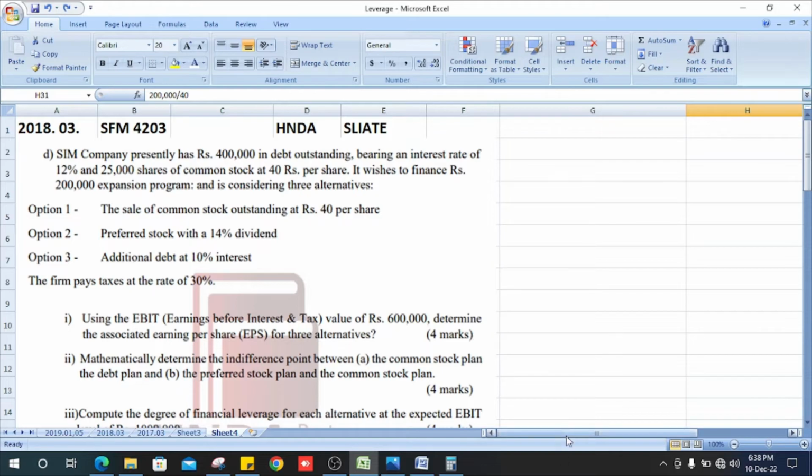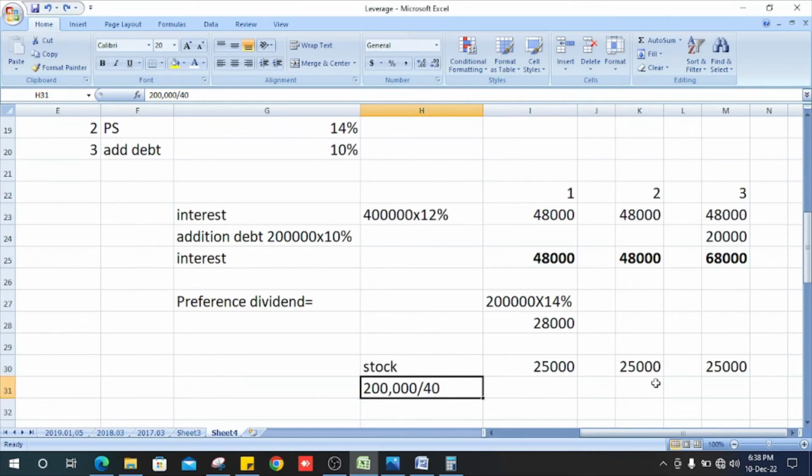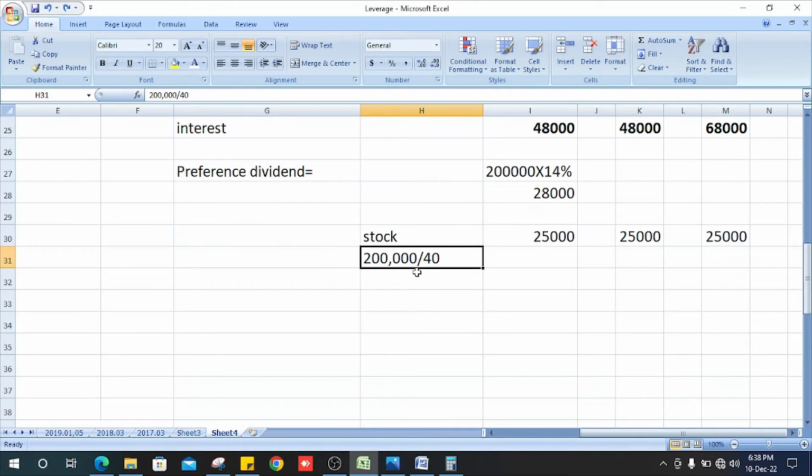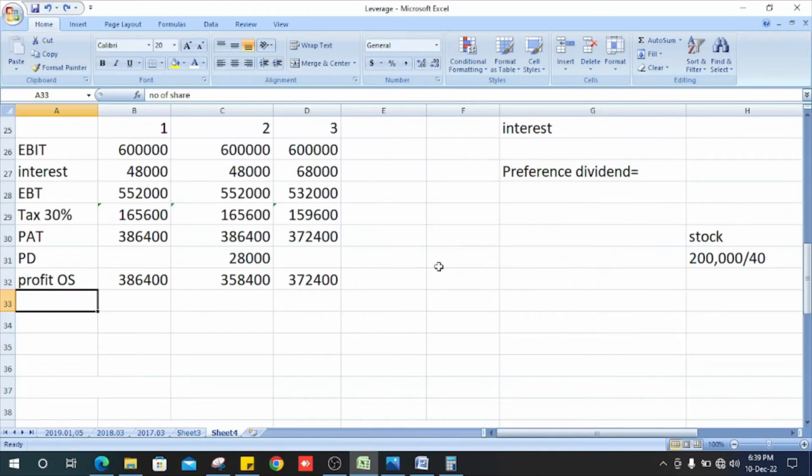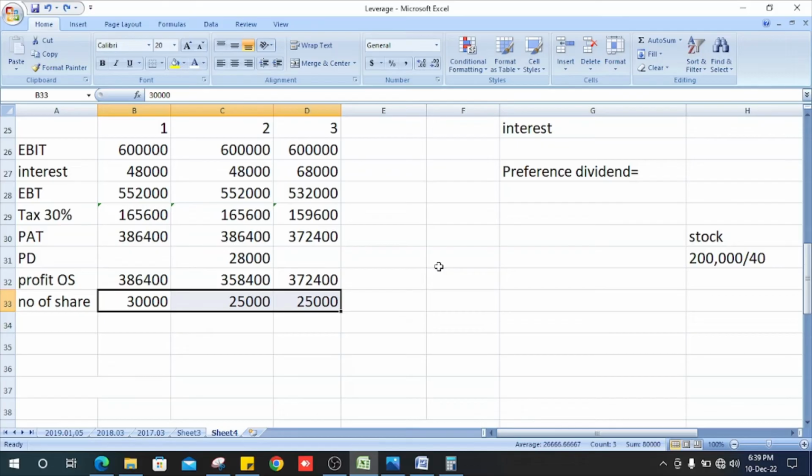So how do we get the shares? 200,000 divided by 40, it is 5,000. So 25,000 plus 5,000 is 30,000. Now we can add the number of shares. It is 30,000, and for the other options 25,000, the same.